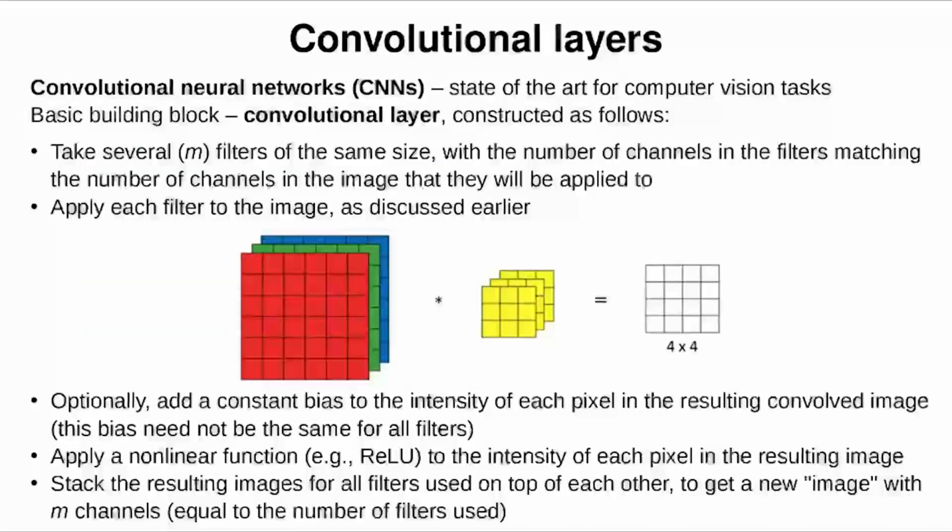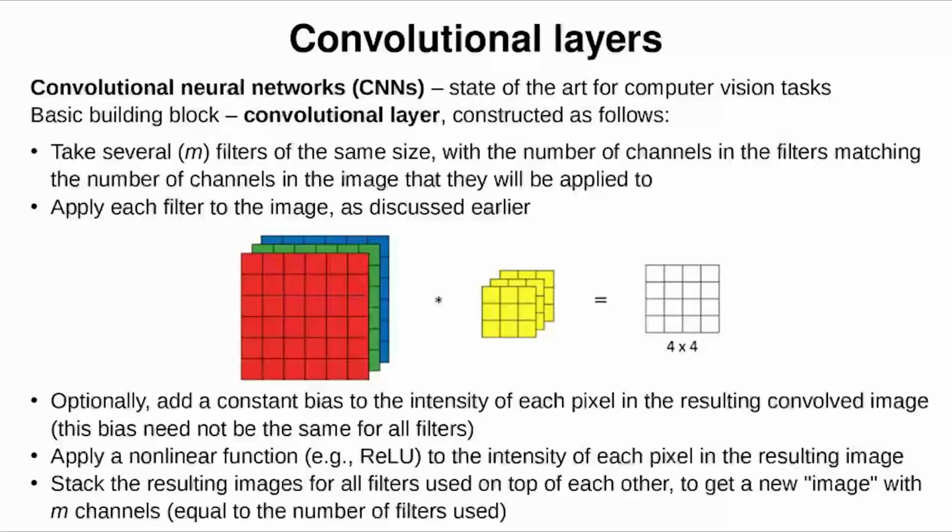Convolutional neural networks, or CNNs, are the current state of the art for computer vision tasks. A basic block of a convolutional neural network is a convolutional layer that is constructed as follows. First, we take several filters with the same dimensions and with the same number of channels that matches the number of channels in the image that they will be applied to.